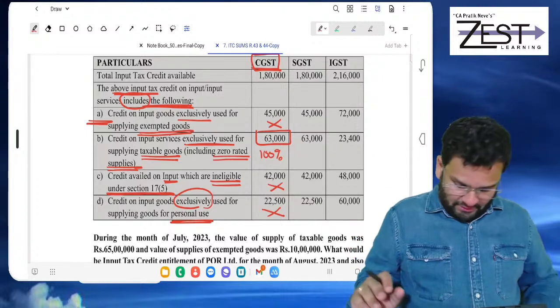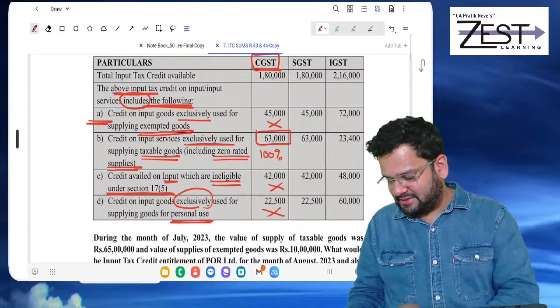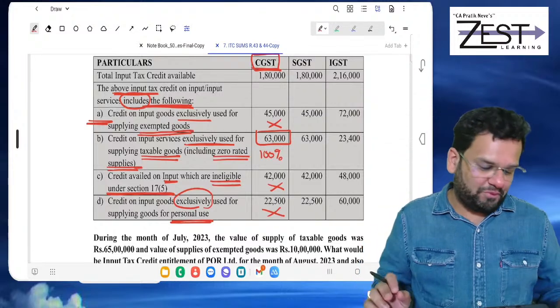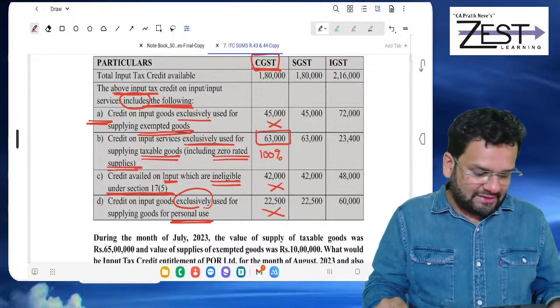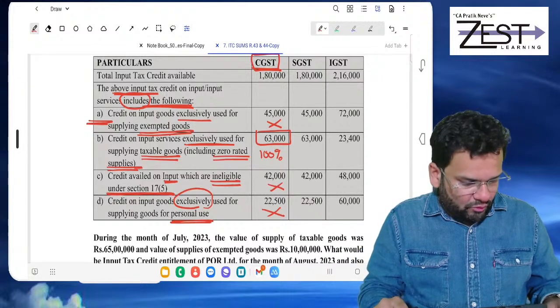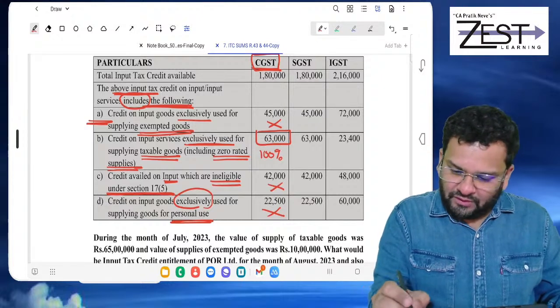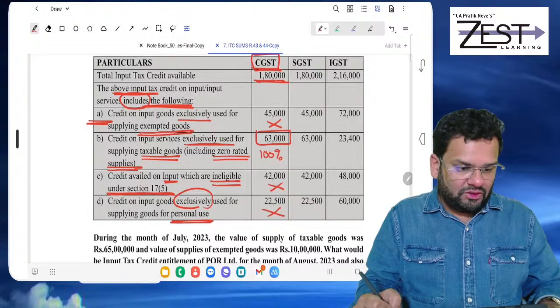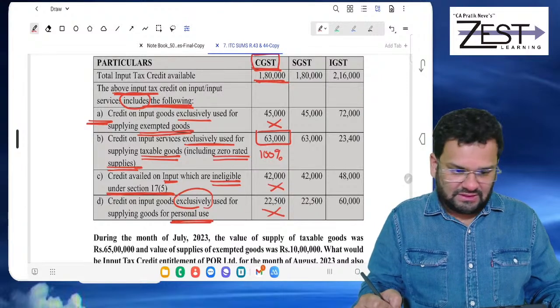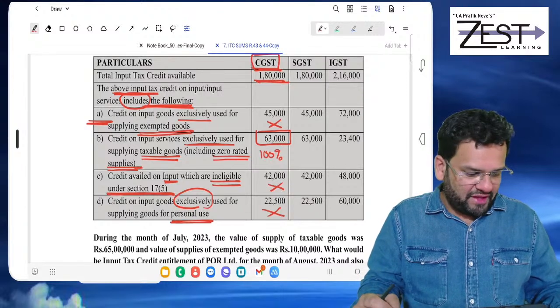Can you do one thing? Where is the calculator? Yes, got the calculator. I hope you all are also sitting with calculators. On your calculator, take 1,80,000 total ITC available. From 180, you minus 45.